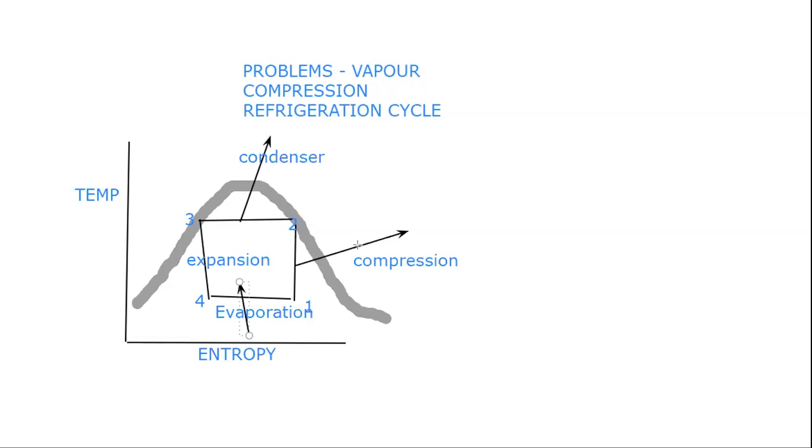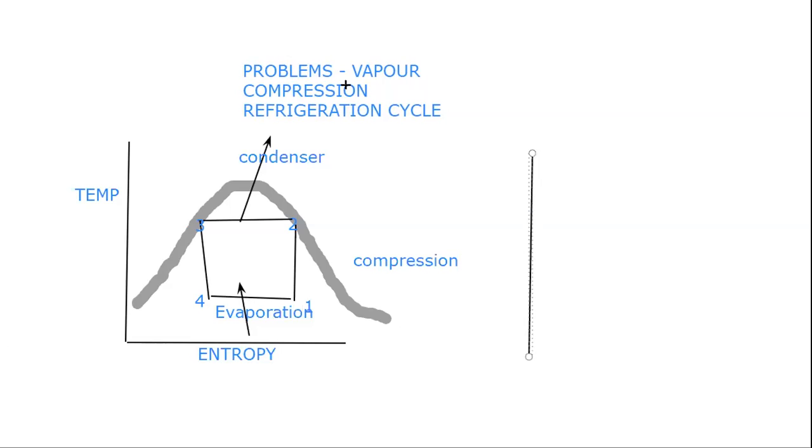And how many processes do you have here? Totally 4 processes. Now at the same time we have to remember one more diagram, which is the pH diagram, called the pressure enthalpy diagram.